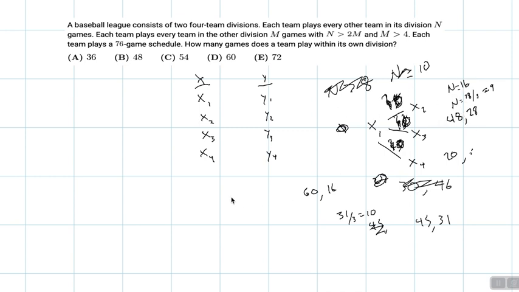What if we say 18? What if it's 18 games? And I'll do some erasing. Yeah. So instead we say 18. 18 times 3 is 54. 22.